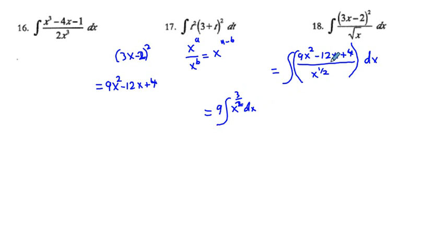Okay, and next we have minus 12, the integral of x to the first power divided by x to the 1/2 power. Well, that's going to be x to the 1/2 power, since 1 minus 1/2 is 1/2, and that's going to be dx also.